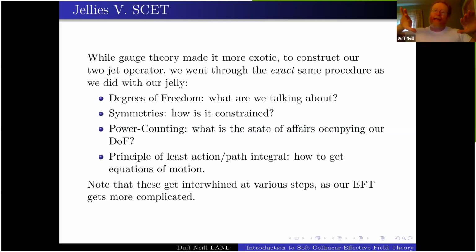While in the jelly, I could keep these two concepts separate and think about the symmetries and the power counting away from each other, in a gauge theory it forced me to intertwine these two concepts as I went through the construction. All the same ingredients were there, and I pursued all the same tactics in the two instances. One was just more complicated than the other, basically because of the underlying gauge symmetry.